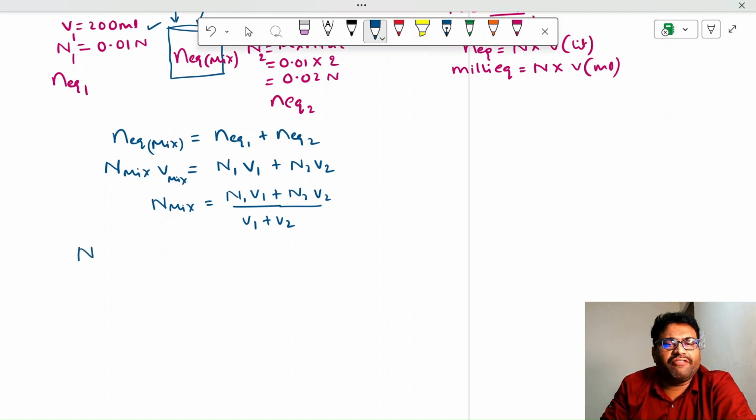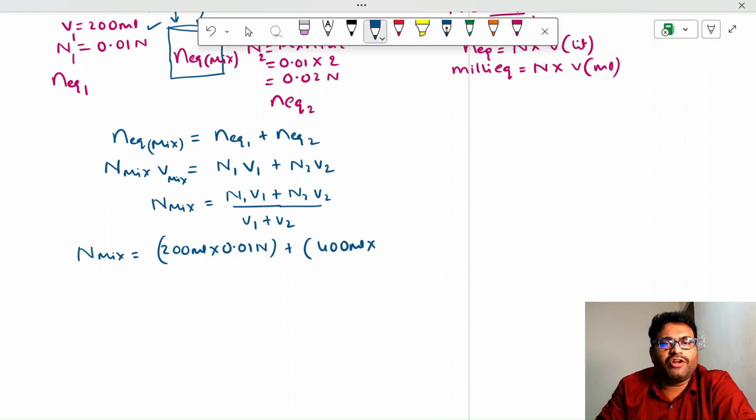So the normality of the mix is 200 ml into normality 0.01 N plus 400 ml into normality 0.02 N, by total volume 200 plus 400 ml.